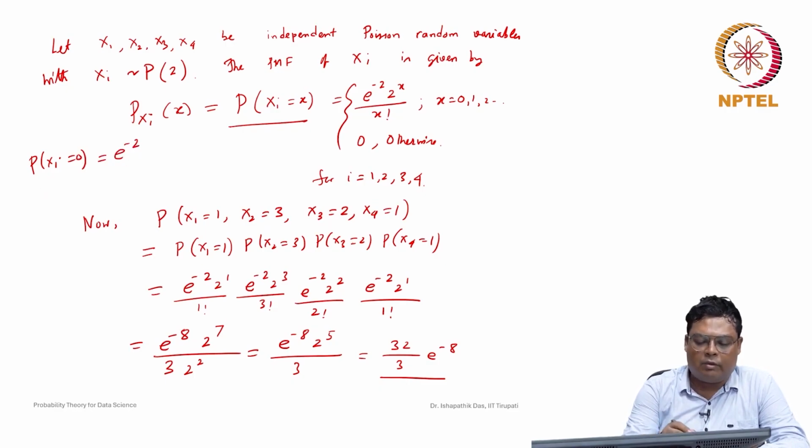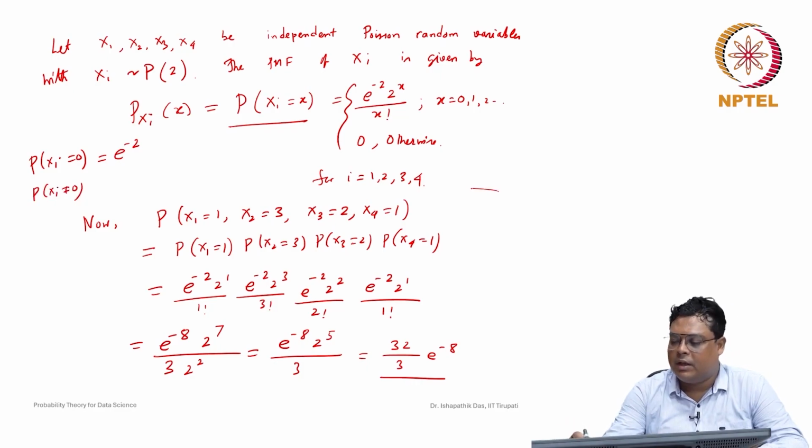Now for i equal to 1 to 4, we want to find the probability that xi is not equal to 0. We know that because it is a probability mass function, the summation over all possible values from 0 to infinity of the probability that X is equal to small x is 1, where x is the variable only.